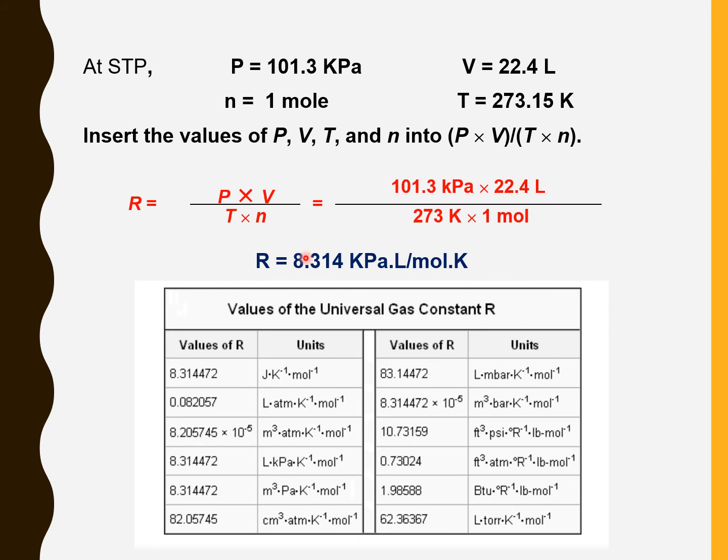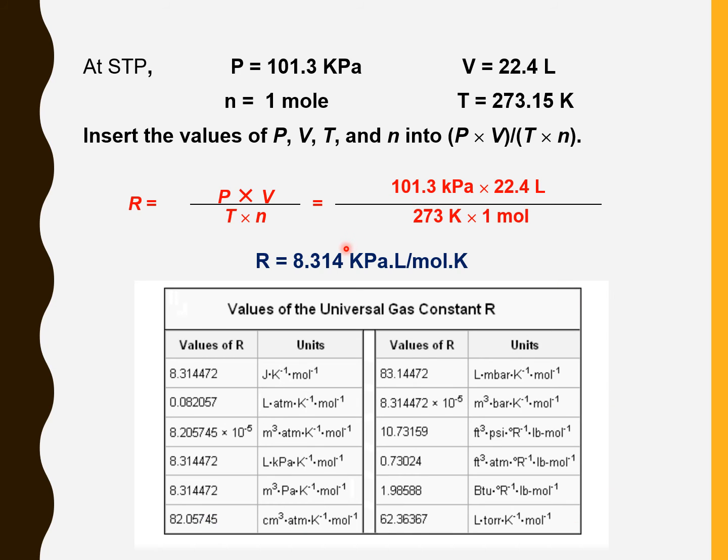I mentioned units in my first presentation, because whenever you study gases, or anything in chemistry, units are very important. Just by changing the units, the value of R changes.